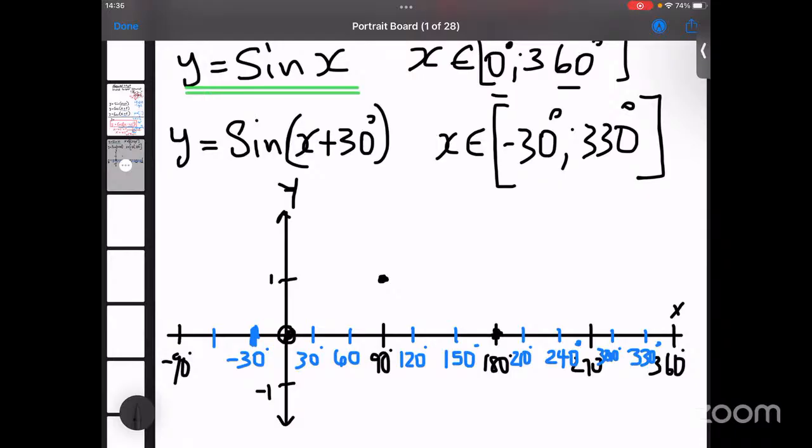Remember, we're plotting two functions on the same set of axes. At 270, it gives us -1. Definitely at 360, it will give us 0. So now we just connect the dots.